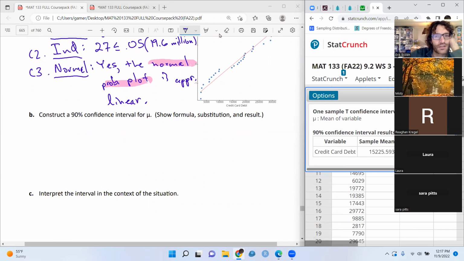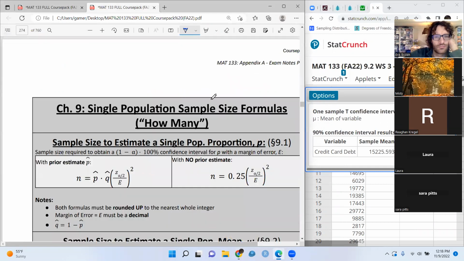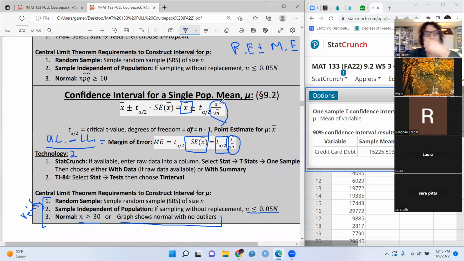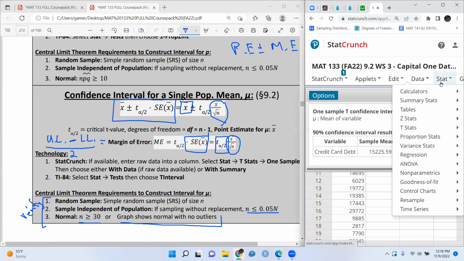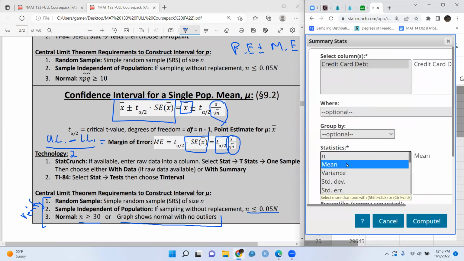So this is what Cindy was asking me about yesterday. Like, what do I really want for the formula part? And we had agreed we would just go with this part so that you don't have to go try and calculate the sample standard deviation. Just as a reminder, if we wanted the sample standard deviation, we'd go to summary stats columns and select mean and standard deviation.